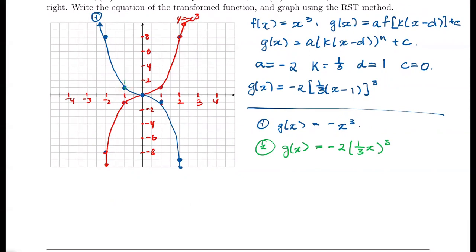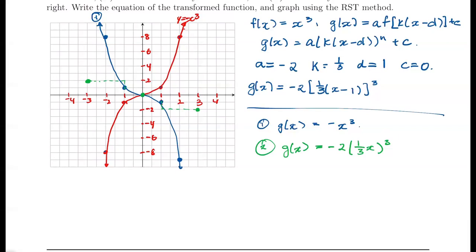And then with the horizontal stretch, it's going to go away from the y-axis. So it's going to be stretched by a factor of 3, 1/3. So that means it's going to come over here. So that's the point there. And the point on the origin stays the same. But the point over here is going to vertically stretch, and then horizontally stretch to here.